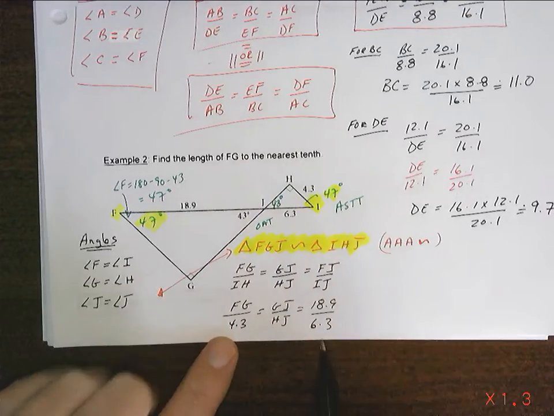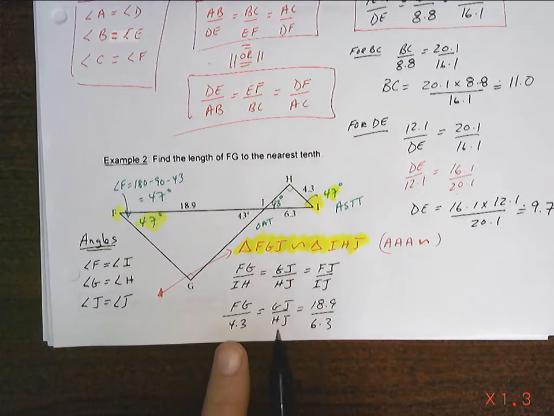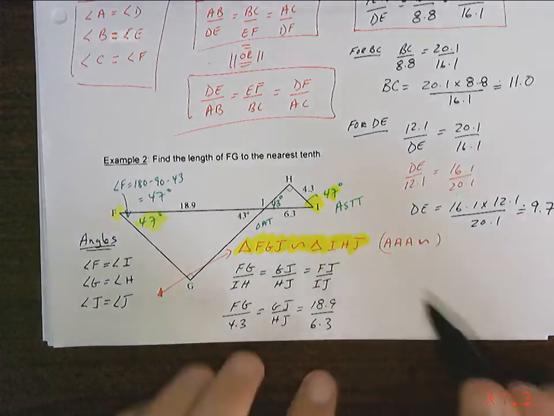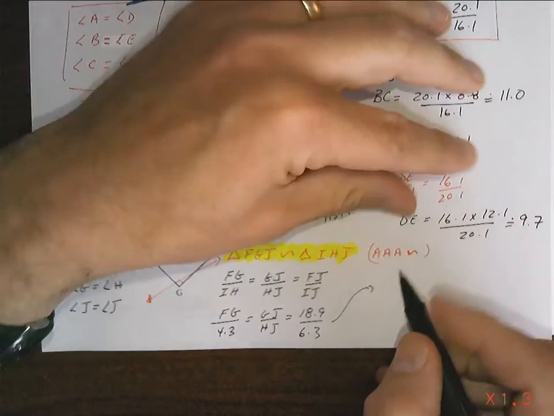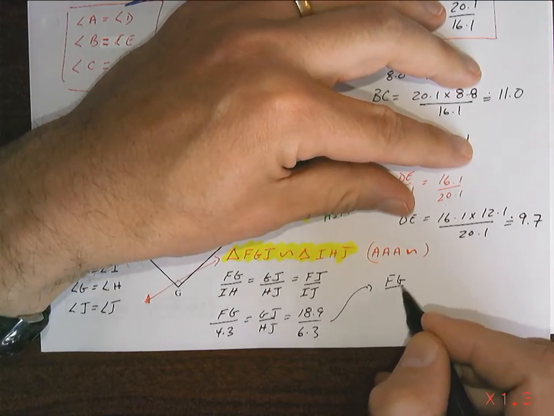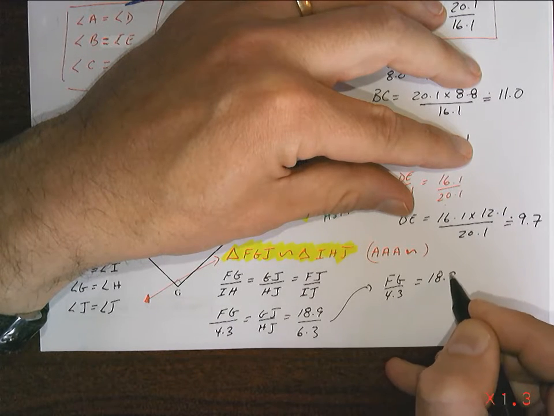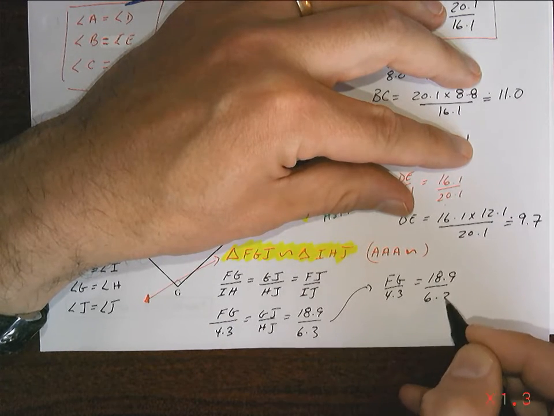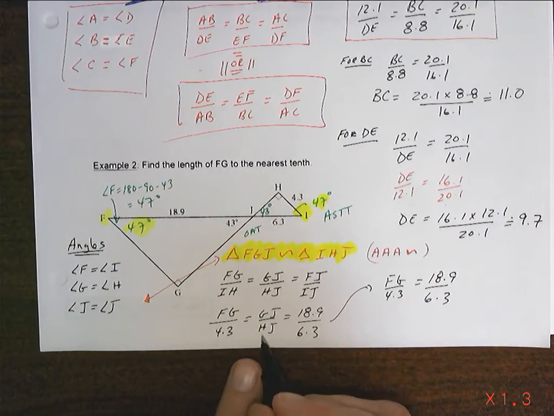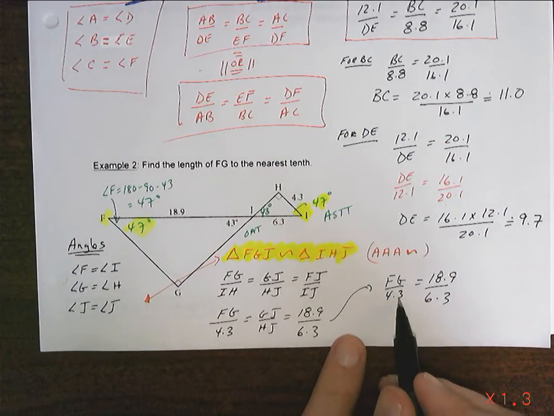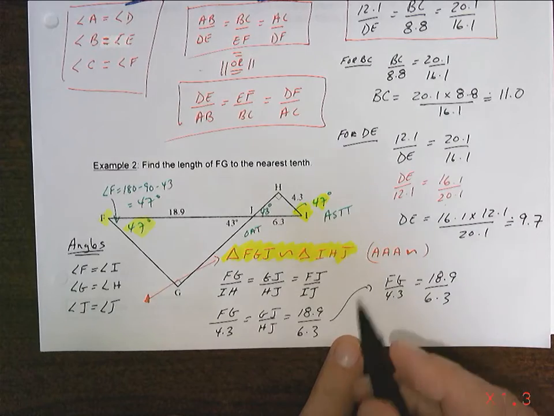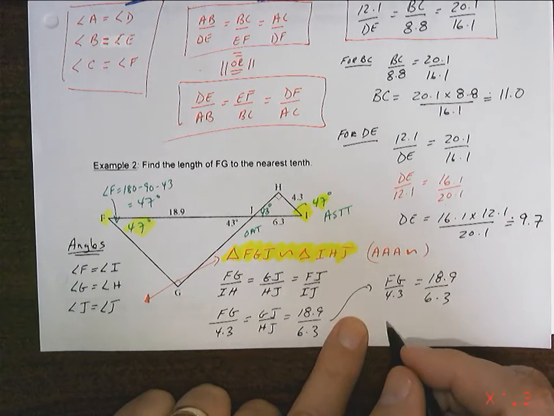Guess what? I have enough information to find FG. What I need to do is I need to bring this over here, and I say FG over 4.3 equals 18.9 over 6.3, because I don't care about the middle one. It's not going to help me. I don't need it. I notice the 4.3 is dividing FG, so the opposite of division by 4.3 is multiplication by 4.3.